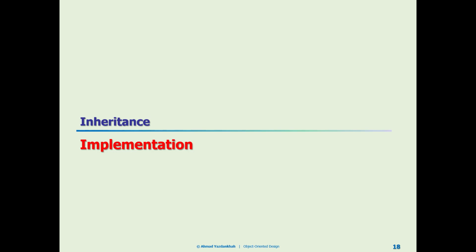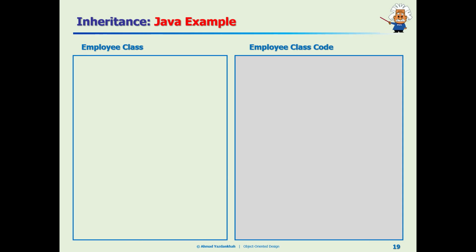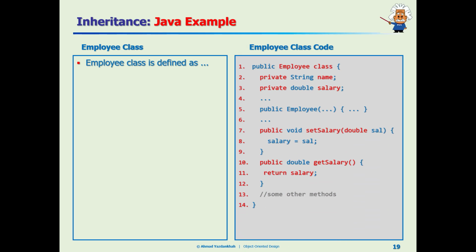Now the question is how we can implement inheritance. I will show you a demo, but let's first see the code here. In our example, we have an Employee class and a Manager class. The Employee class is written like this.